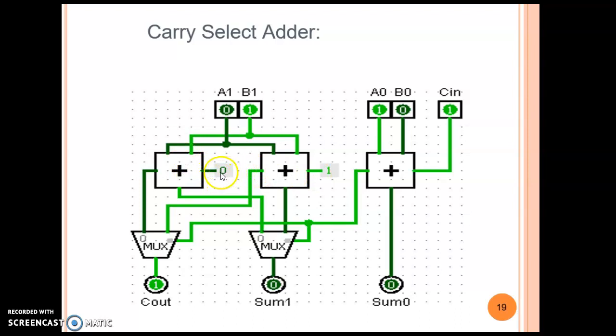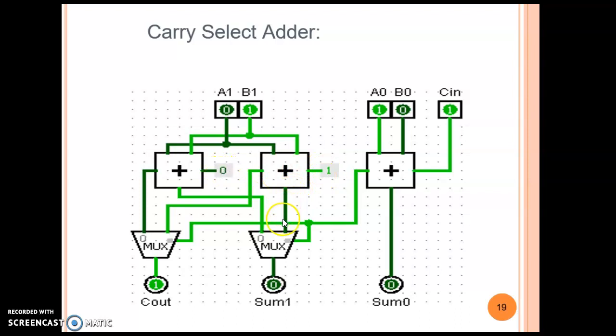The main problem here is that when we are doing this operation, the carry is not ready because this block is still calculating. So simultaneously this block and this block are calculated, both possibilities, with carry in 0 and with carry in 1.